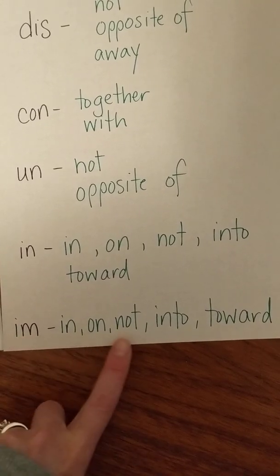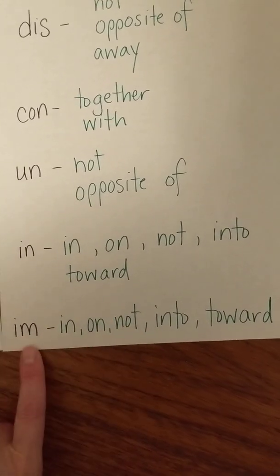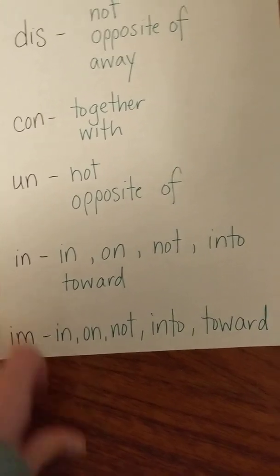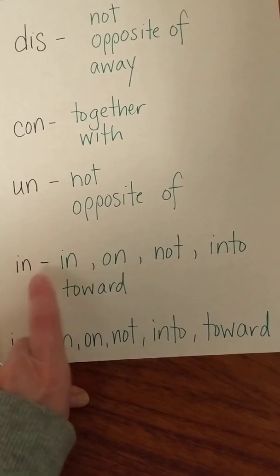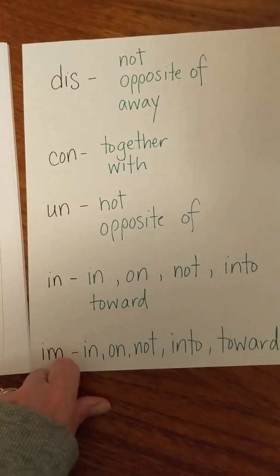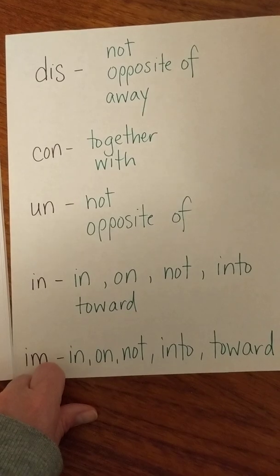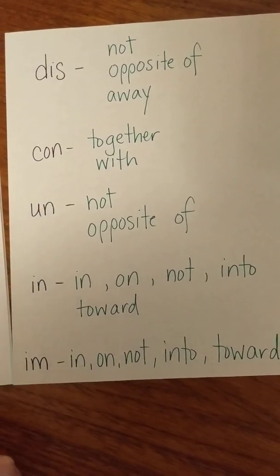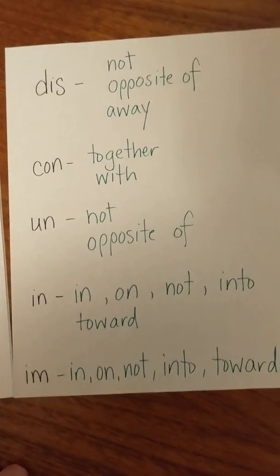If they are impolite, it means that they are not polite, okay? If something is incomplete, it means it's not complete, okay? And you'll see these in a lot of words that you didn't realize, because those groups of letters make the word mean something different.